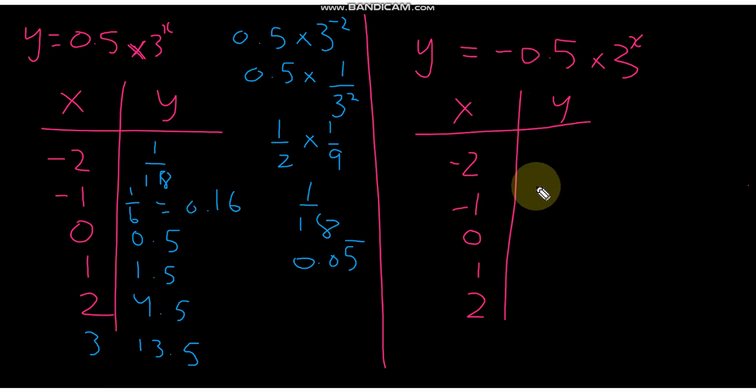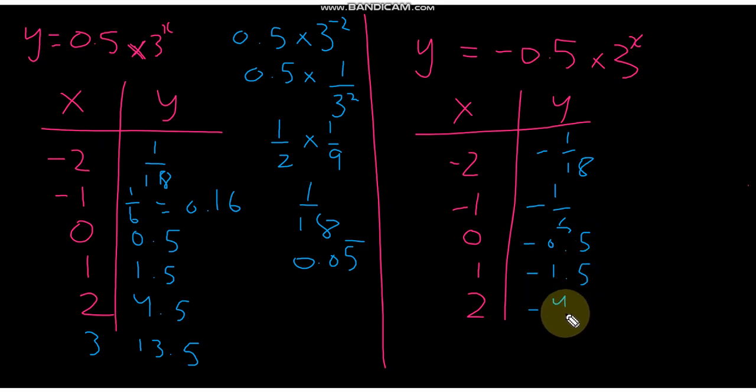Similarly, for the negative values here, you will get the same values but in negative form: negative 1 over 18, negative 1 over 6, negative 0.5, negative 1.5, negative 4.5, and so on.